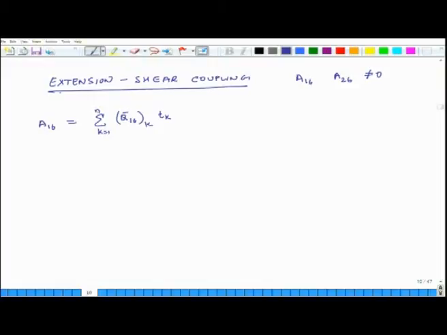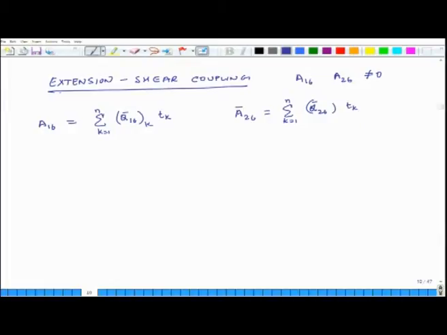And similarly, A26 is equal to the sum over k equal to 1 to n of Q26 bar times Tk. Now, there are several ways we can ensure that A16 and A26 are 0.